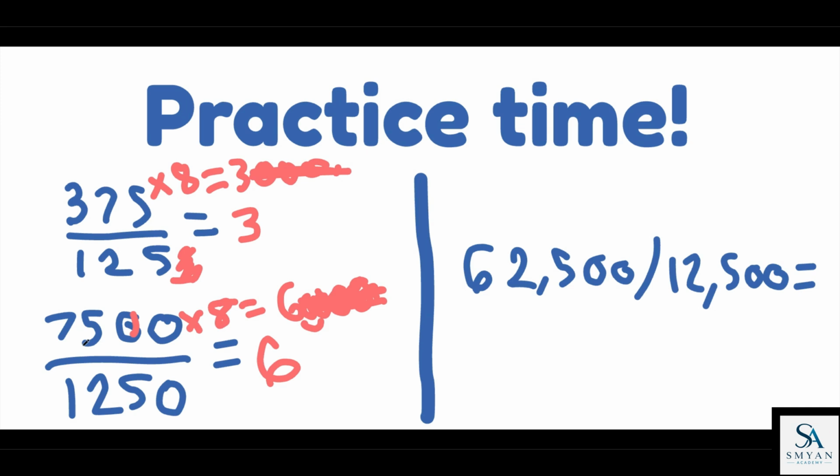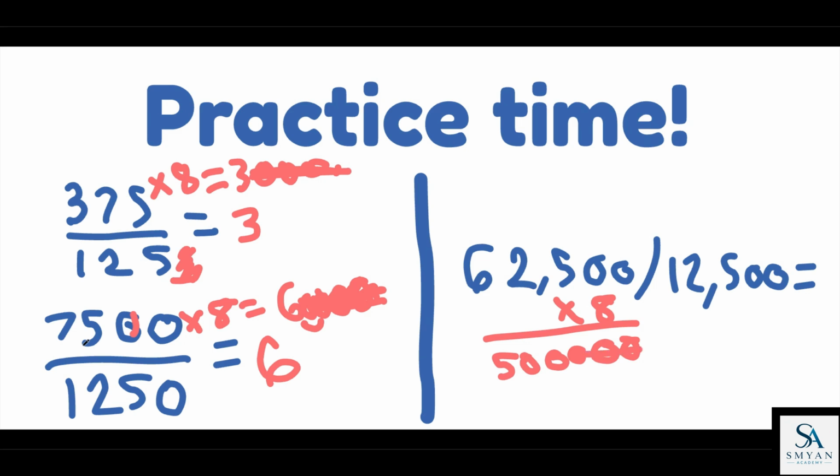62,500 divided by 12,500. The trick, same thing, multiply by 8, and that will give you 500,000.